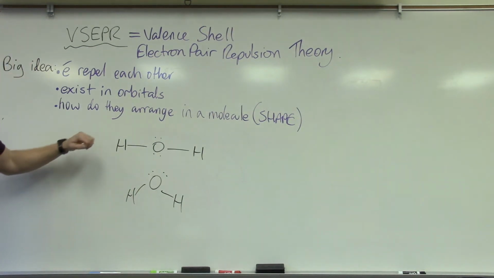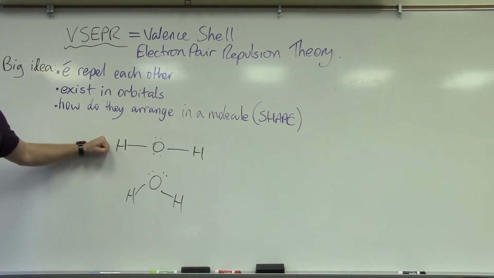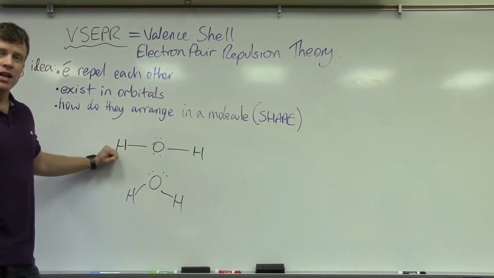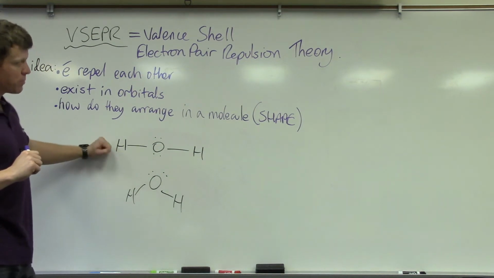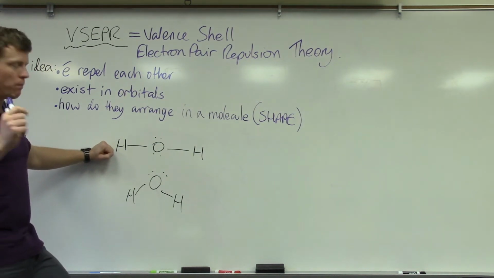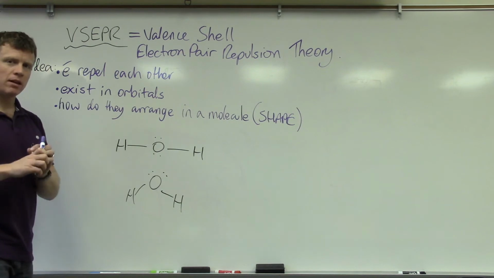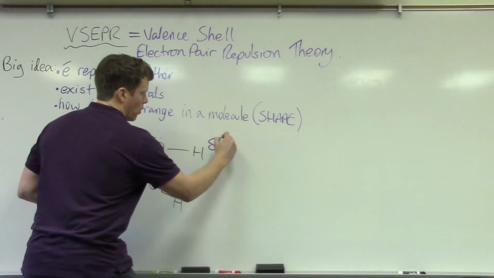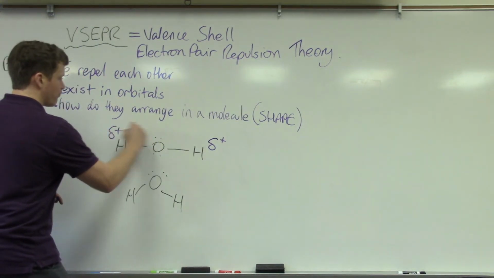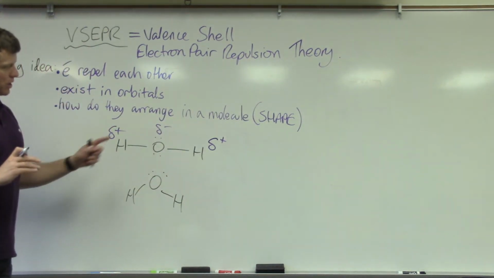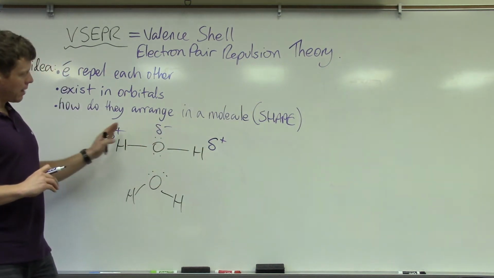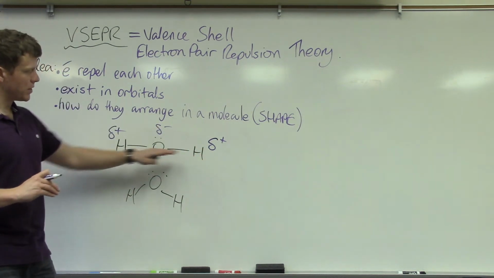There's a reason why we don't use this particular shape, and it's because of polarity. We know that water is a polar molecule, it's cohesive and adhesive. Water molecules stick to each other. What you're probably screaming at the video camera right now is that there's no dipole, and you'd be absolutely right. If we looked at the electronegativity values and subtracted those and labeled delta negative charges here, you don't have a dipole.